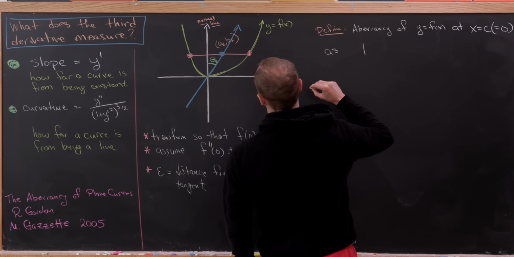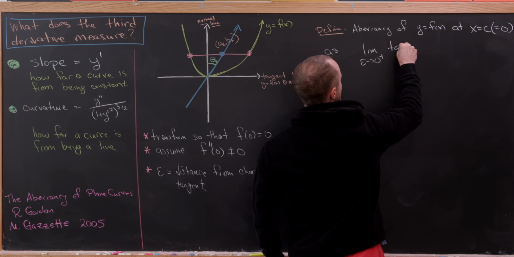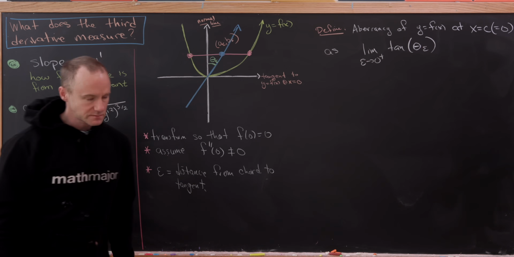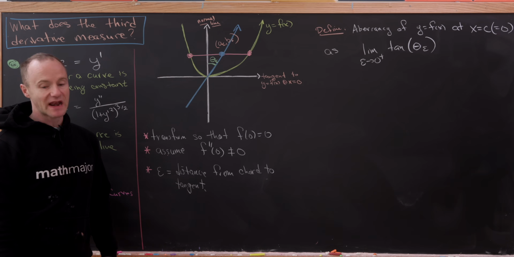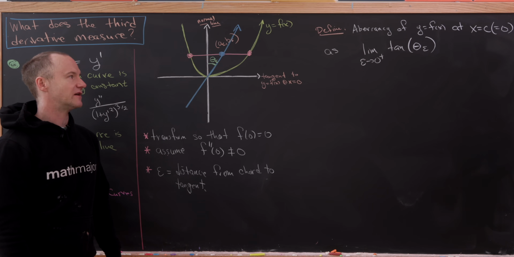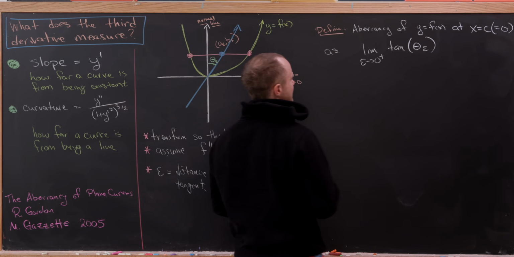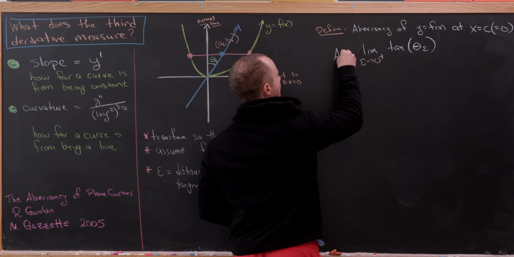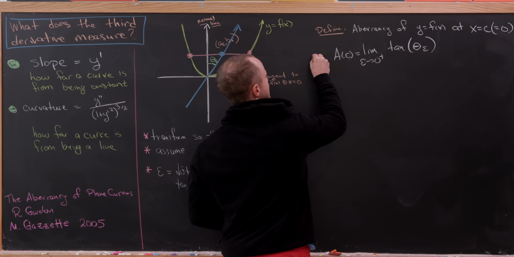That's going to be the limit as epsilon goes to 0 from above of the tangent of theta epsilon. So we don't explicitly need to know what the limit of that angle is. We need to know what the limit of the tangent of that angle is. And perhaps we could give this some notation if we wanted to. Maybe we could say this is A of C, to say the point C.